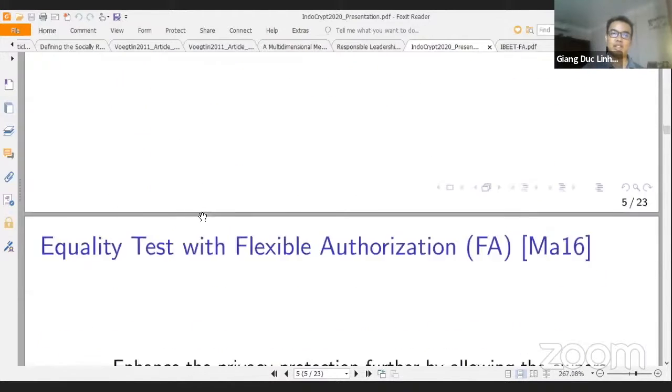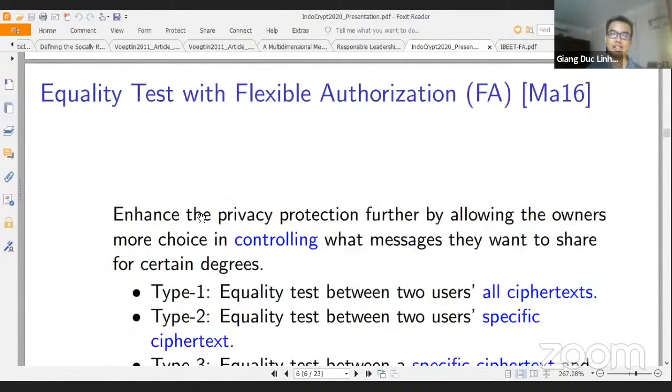And after the equality test notion, we have the flexible operation that will enhance the equality test further by allowing the owner of the ciphertext to control what messages they want to share.